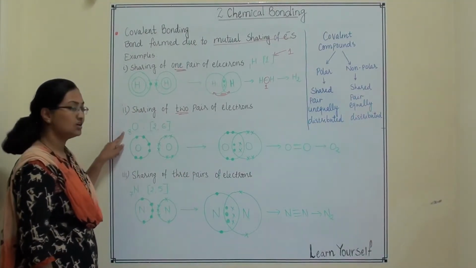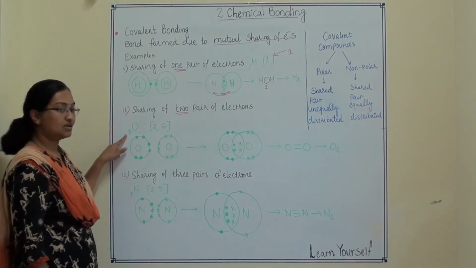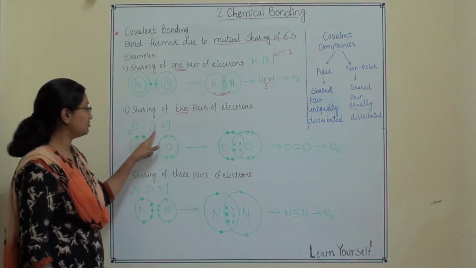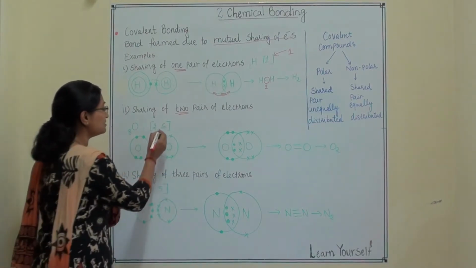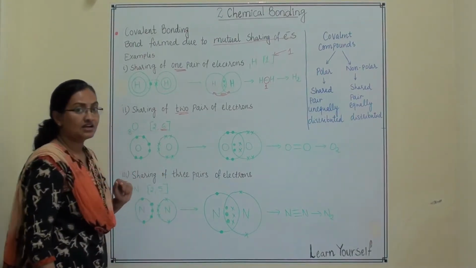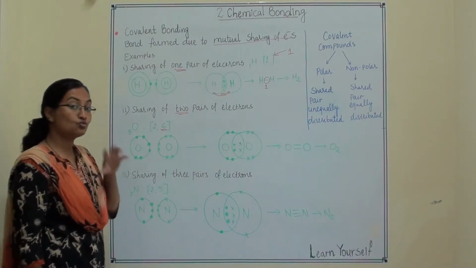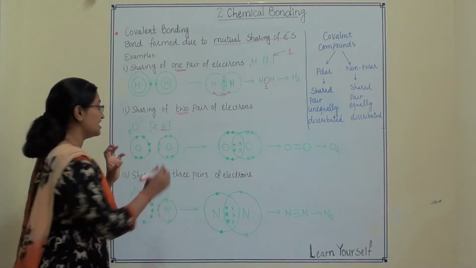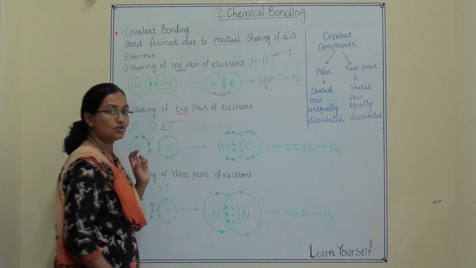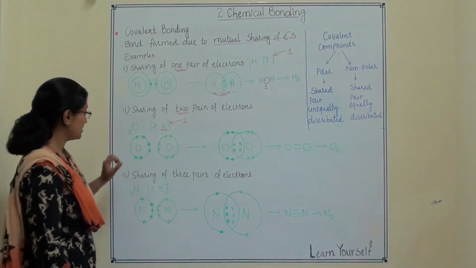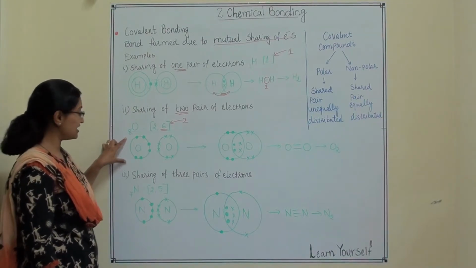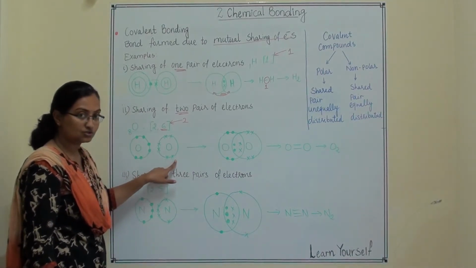Here we have taken oxygen, whose atomic number is 8 and electronic configuration is 2, 6. So the outermost valence shell has 6 electrons. To complete its octet, how many electrons does it require? 2 electrons. So this is one oxygen atom, this is another oxygen atom.